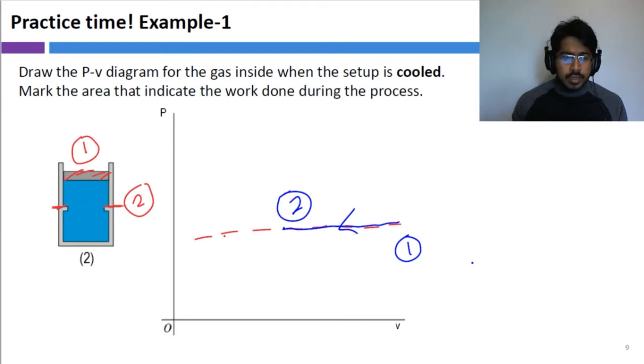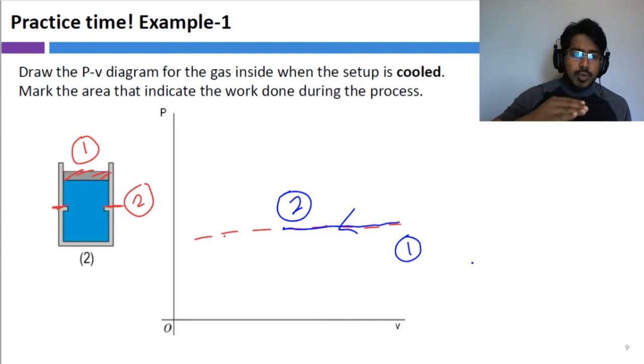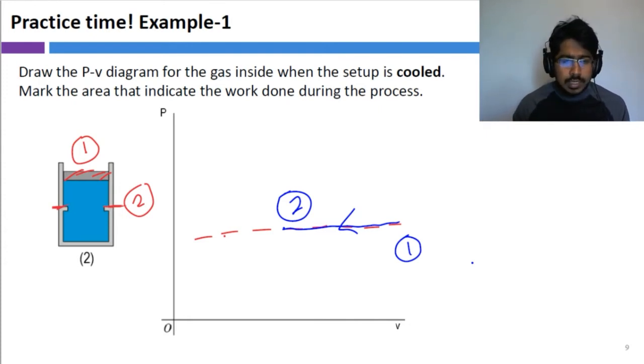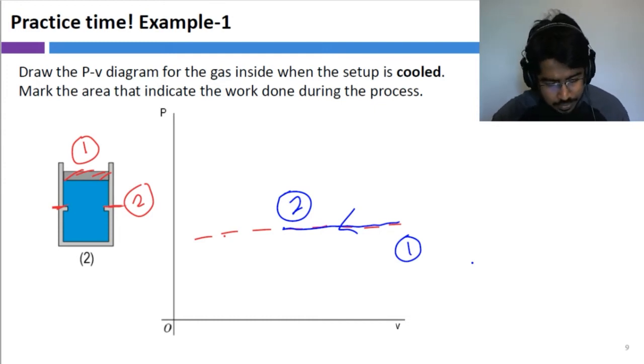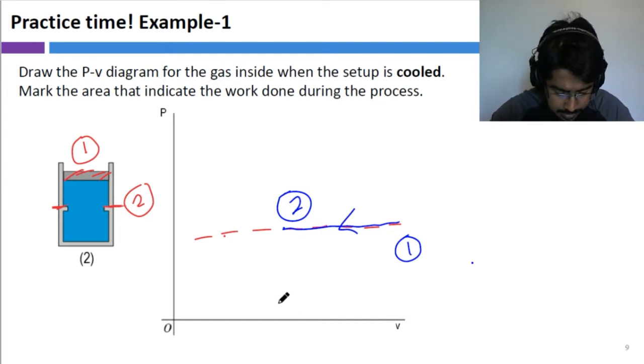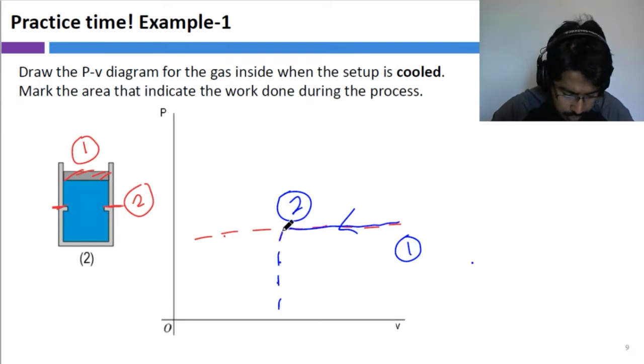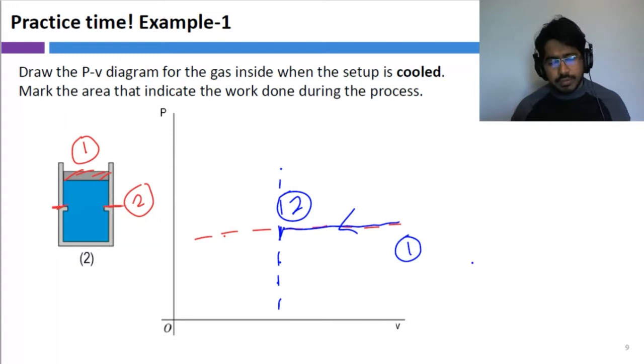That's very true, because the piston cannot move any lower than the stops. So our process is going to be on a vertical line. Now the question is whether the pressure drops or builds up as we cool. Pressure drops, that's very true.